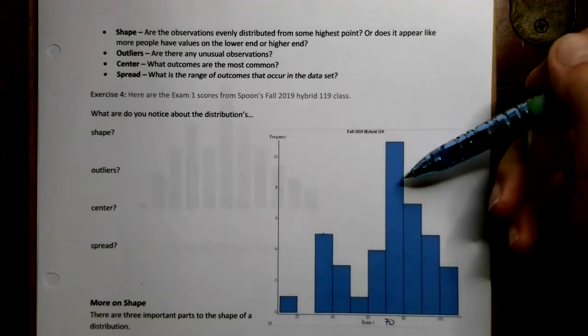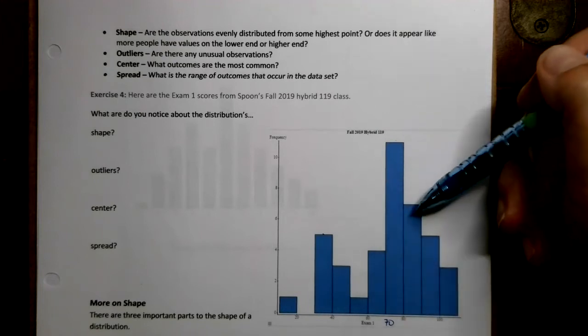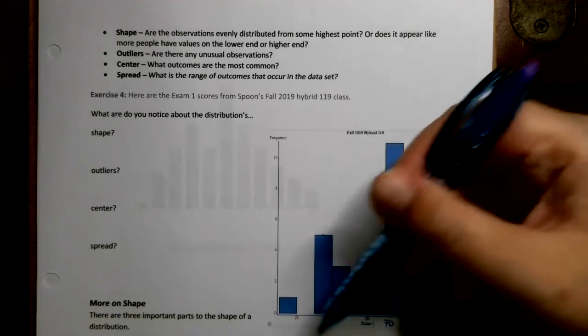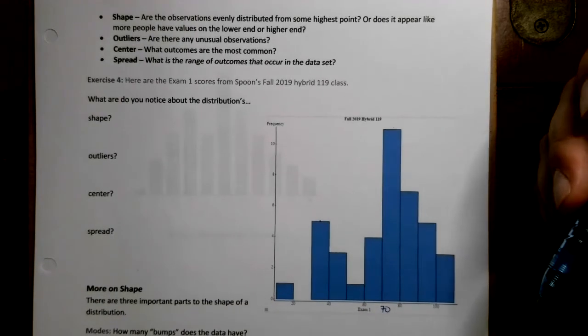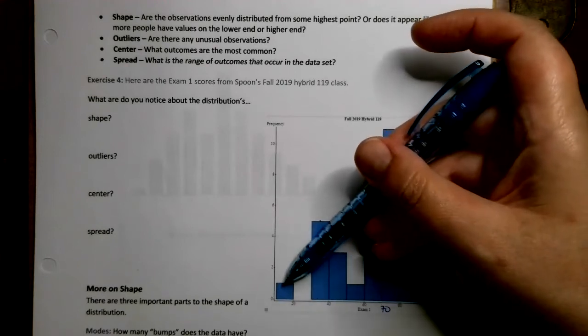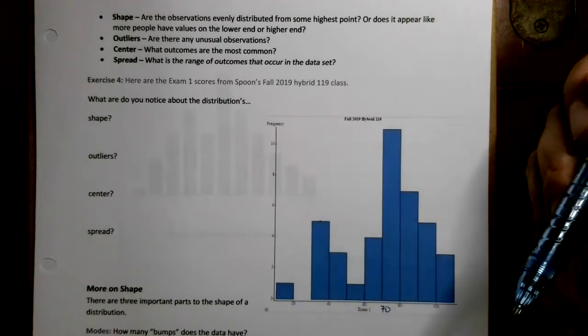It was not as common as between 70 and 80, or even between 80 and 90. That was still more common, but the next most common was between 30 and 40. And then what was the spread of the data? Well, there is one person who got between 0 and 20.